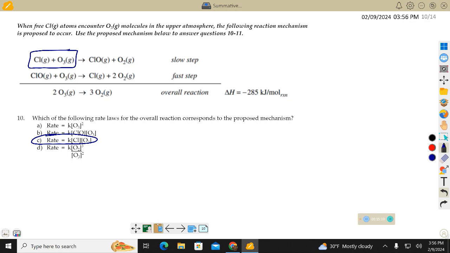Number one, it's overall exothermic. The delta H is negative, so my product should be at a lower energy level than my reactants. And I noticed that step 1 is the slow step. What makes it slow? It's probably got a higher activation energy.